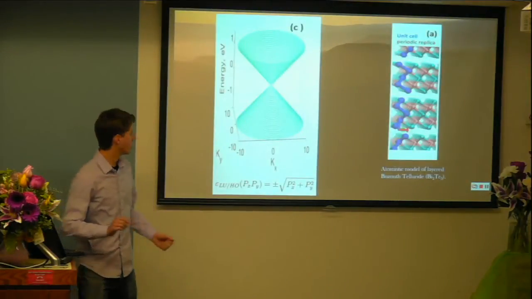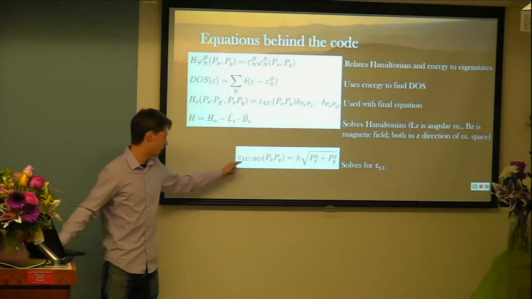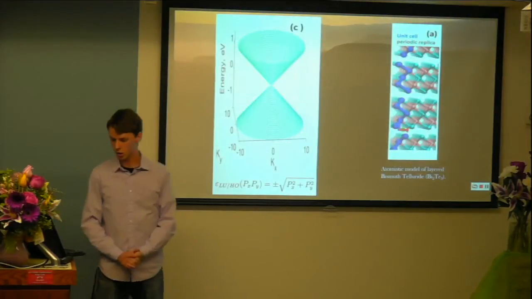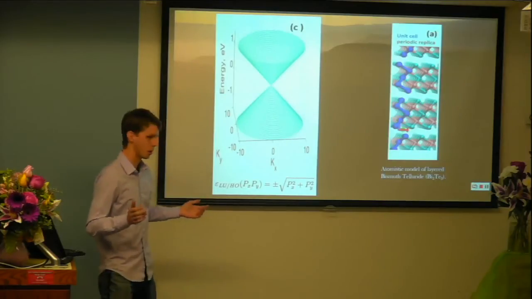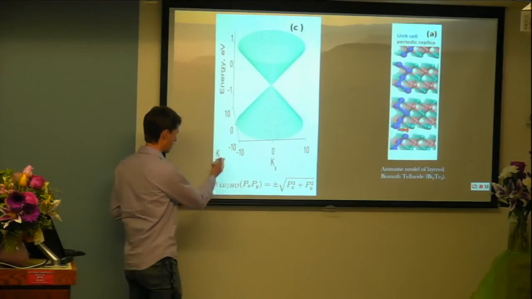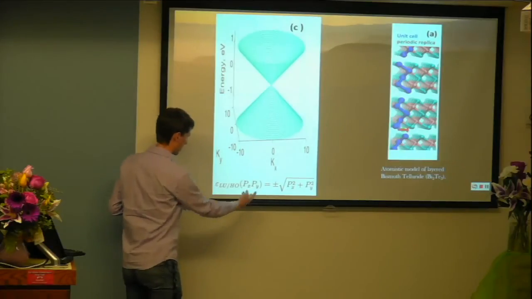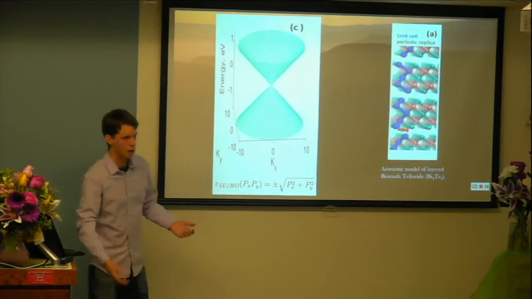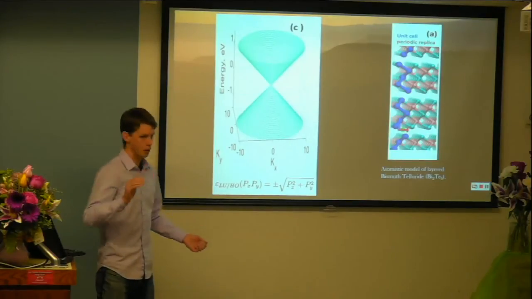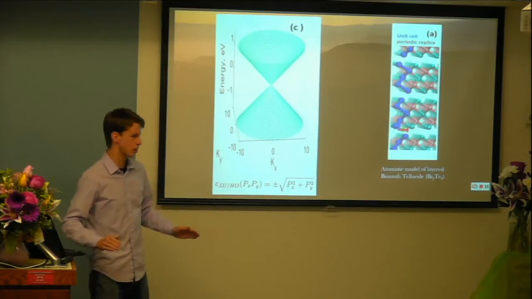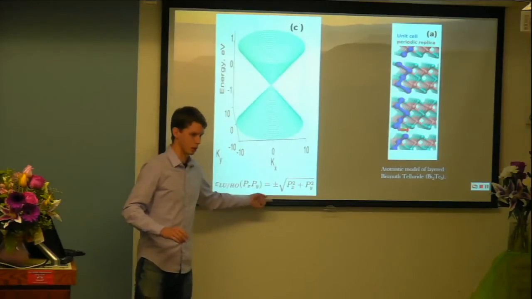And so a little bit of a representation of this last code here. This cone is kind of what that equation looks like when mapped out again in the momentum space, and this ky and kx are represented as px and py here. And so the top is the lowest unoccupied, bottom is the highest occupied, corresponding to positive and negative.